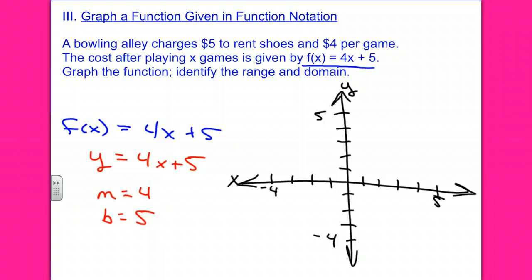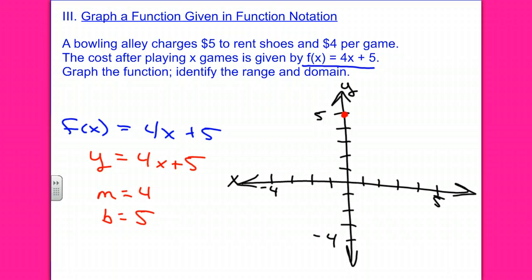Which of these is the point? Is it the 4 or the 5, everyone? 5. It's the 5, that's the y-intercept. Where do we find that on this graph? That's right, up 5, it's on the y-axis, that's why it's called a y-intercept. So we have the starting point, put it right up there at 5. It's our starting point.